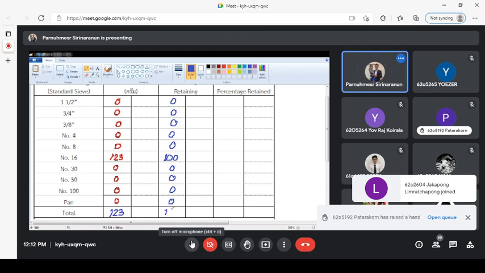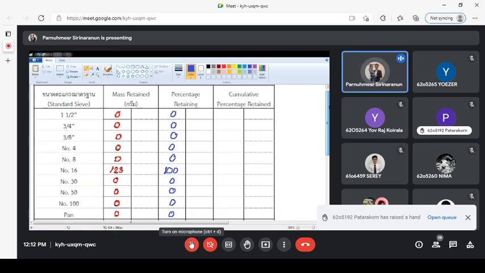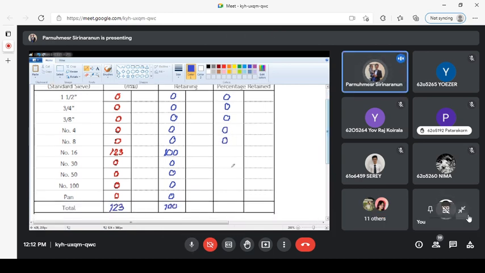100. And after you get the percentage retaining, okay? We compute the cumulative retaining on each sieve. For this sieve, 0. That's right. Yes or no? This is what you get for this sieve. Cumulative 100. Next, 100.